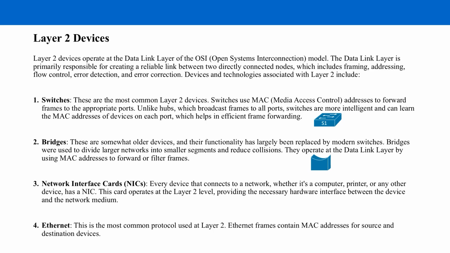The card operates at the layer 2 level, providing the necessary hardware interface between the device and the network medium. And now we have Ethernet. This is the most common protocol used at layer 2. Ethernet frames contain MAC addresses for the source and the destination devices.